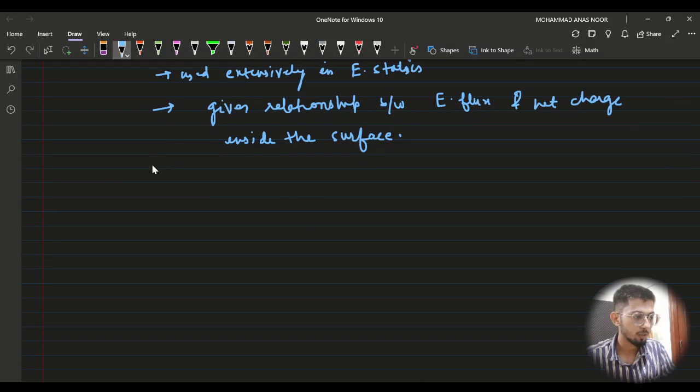Okay, so let us first write what is the statement of this theorem.